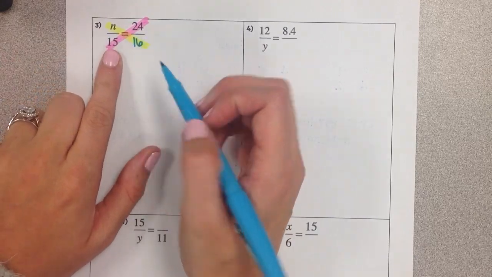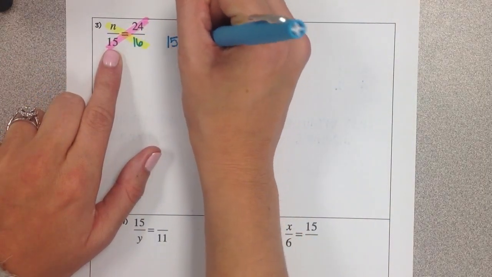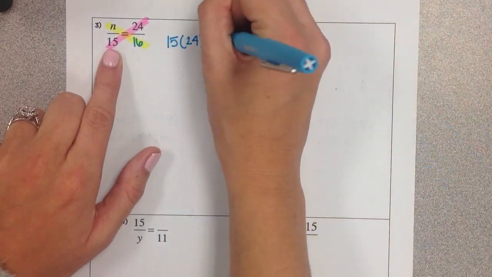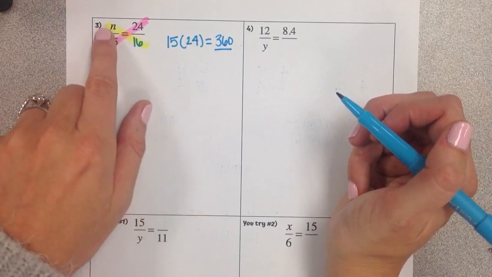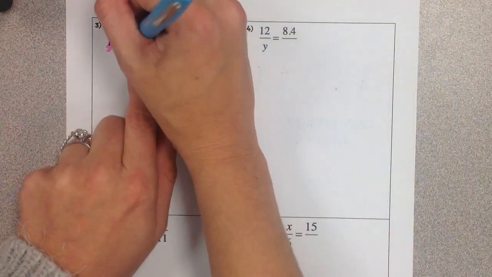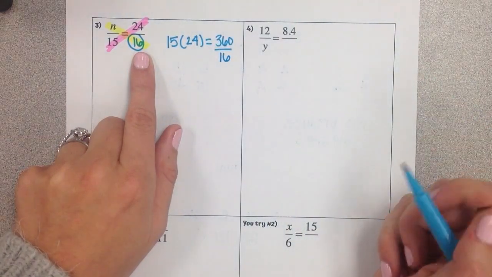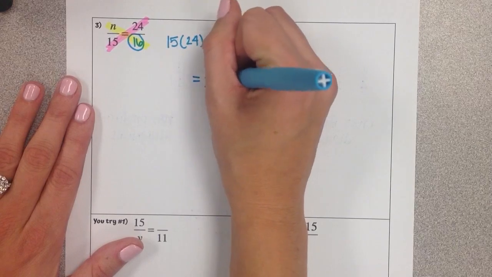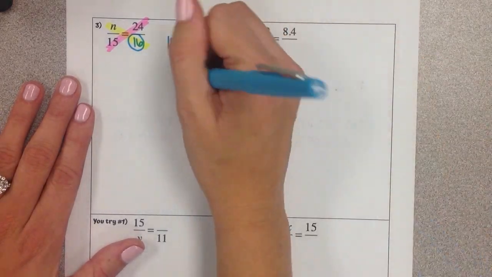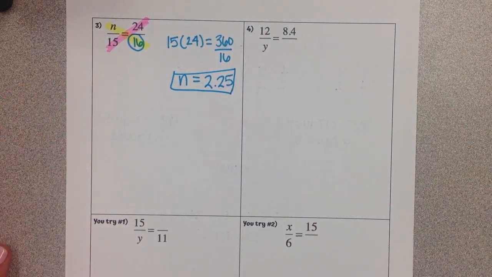So our pink diagonal has 2 numbers. So we're going to multiply those. 15 times 24 equals 360. And then the diagonal with the variable, the yellow one, I'm going to circle the number that's in that same diagonal. That's what we're dividing by. So 360 divided by 16 equals 22.5. So the n, our variable, equals that value.